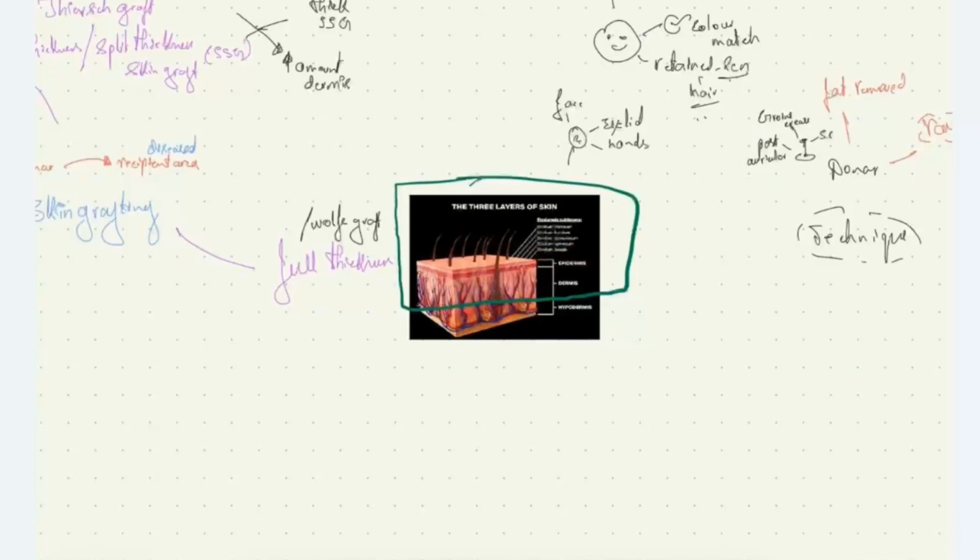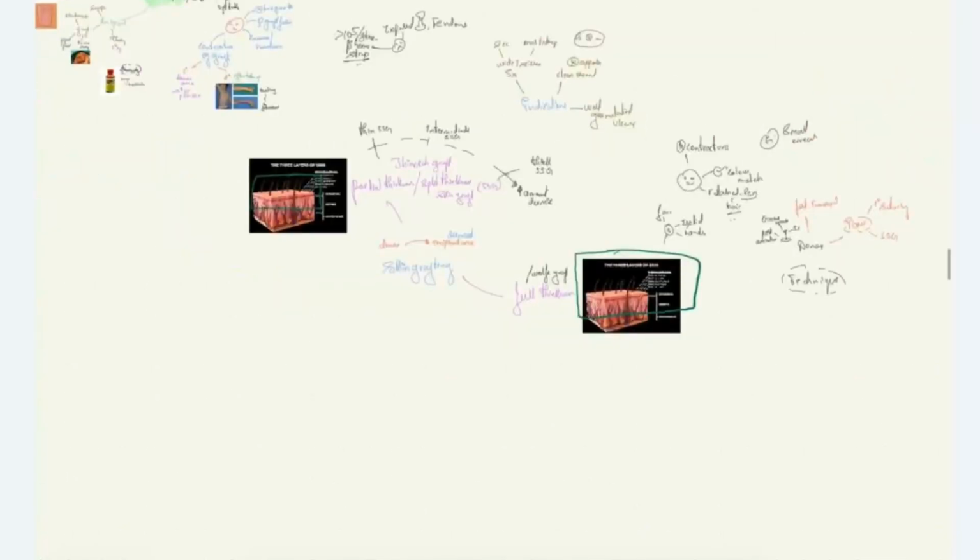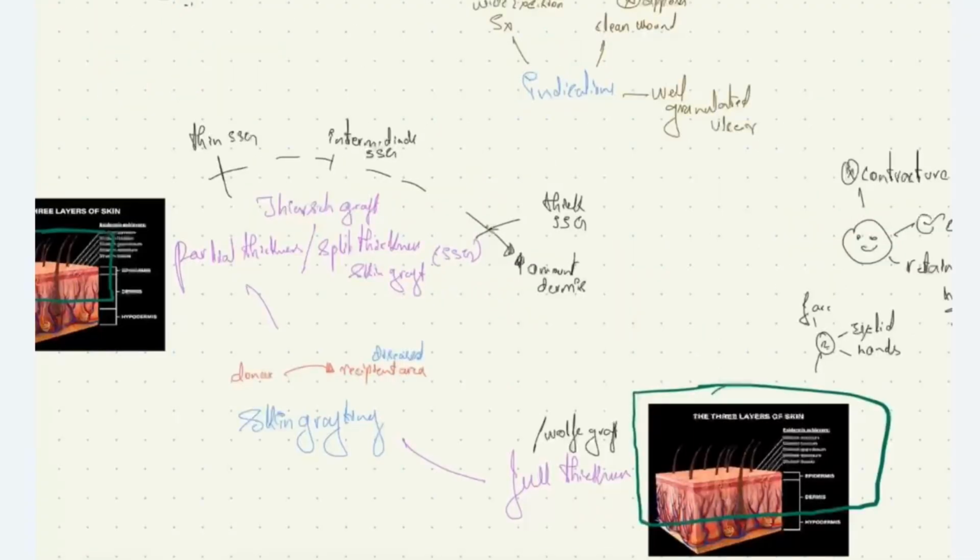Let's see in depth. Based on the amount of dermis taken from the donor, partial thickness skin grafting can be divided into thin split skin grafting, intermediate thick split skin grafting, and thick split skin grafting.